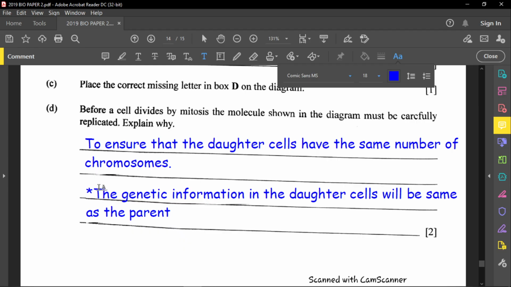So all the genetic information will be maintained, the number of chromosomes and also the genetic information. So the cell will be identical and have the same genetic makeup. That's what mitosis is for, to produce the same type of cells.